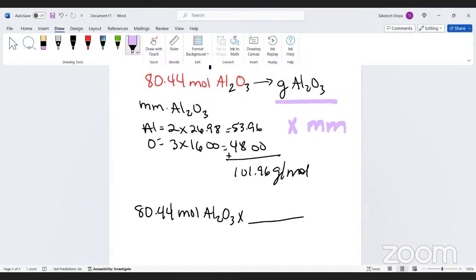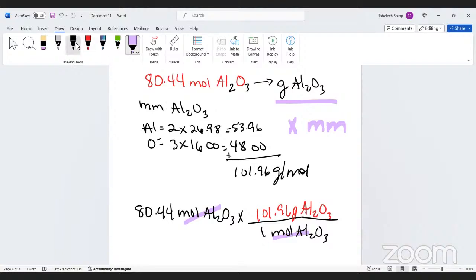Okay, so you're going to put the 101.96 grams of aluminum oxide on the top, and on the very bottom, 1 mole, so that those units can cancel out. So 1 mole of aluminum oxide is on the very bottom, and you all know what to do. Cross out those like terms, okay? So we're going to take that 101.96 and multiply times 80.44.